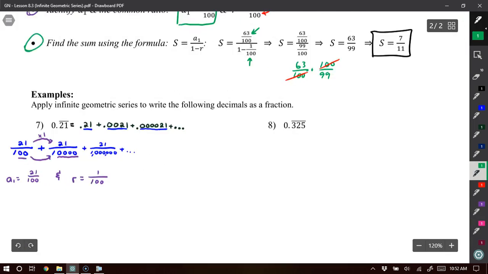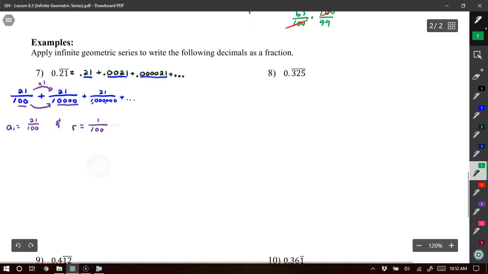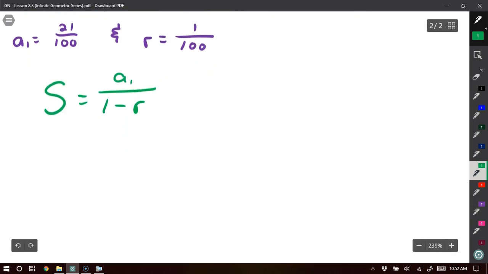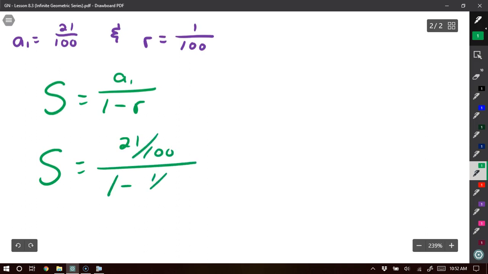The last part, and we'll do a lighter green for that, is find the sum using the formula for it. So my sum is A1 over 1 minus R. So I have 21 over 100 over 1 minus 1 over 100.